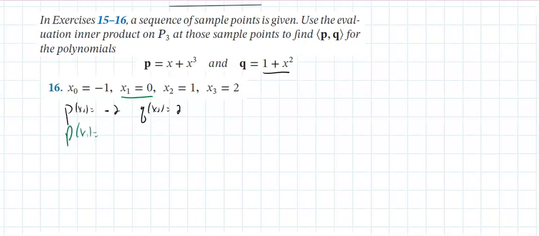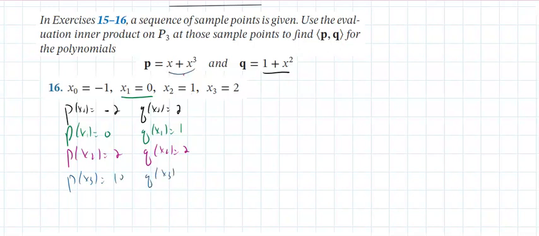P of x1, that is 0, Q of x1, that is 1. And if I look at P of x2, put a 1 in there, 1 plus 1, that's 2. And Q of x sub 2, if I put a 1 in there, that's also a 2. And the last, P of x3, if I put a 2, 8 plus 2 is 10. And Q of x sub 3, that is 4, that's a 5.